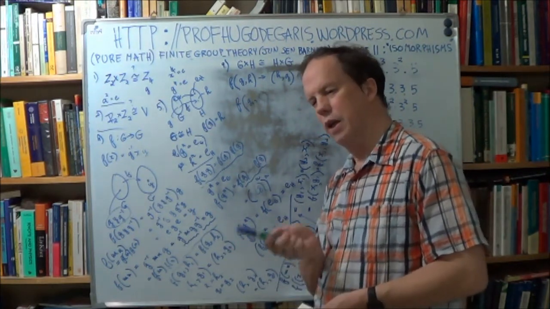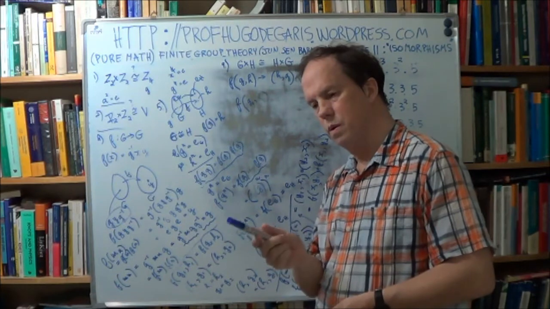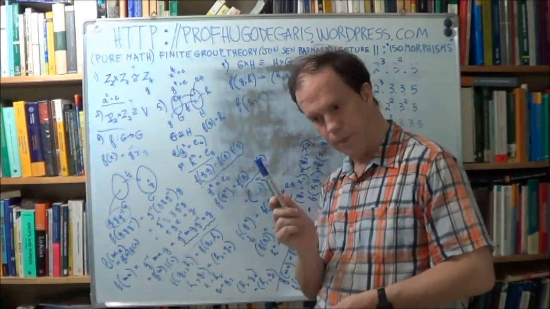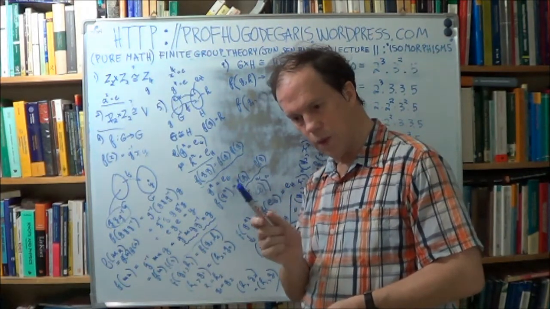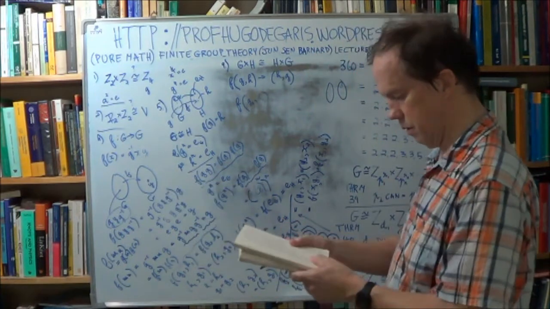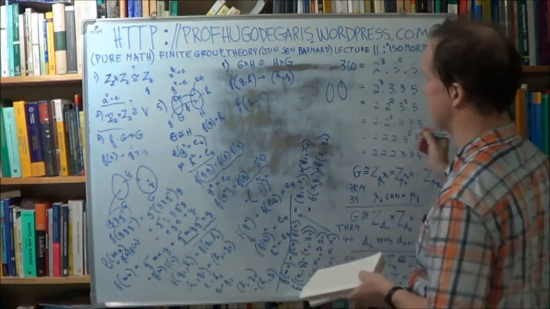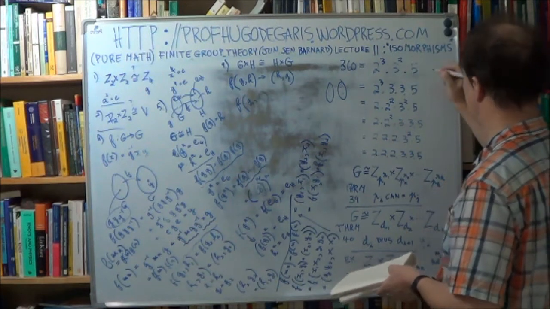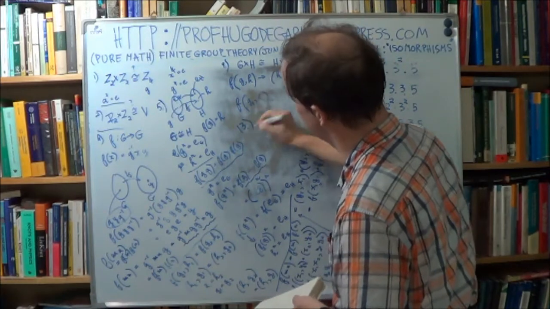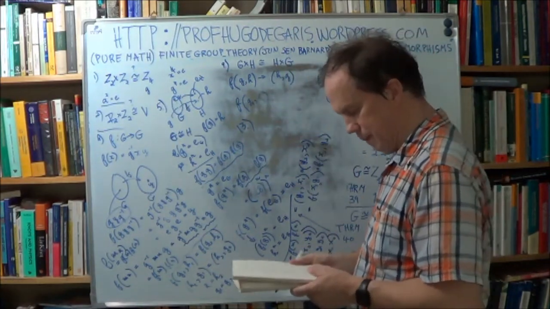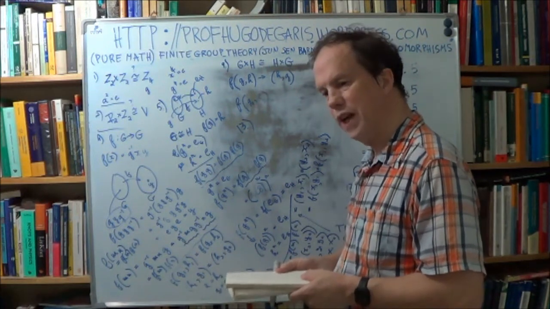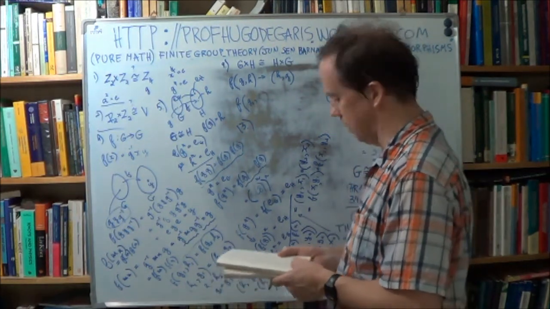Any cyclic group has a generator. So question 13: G and H are isomorphic, G is cyclic, prove H is cyclic.